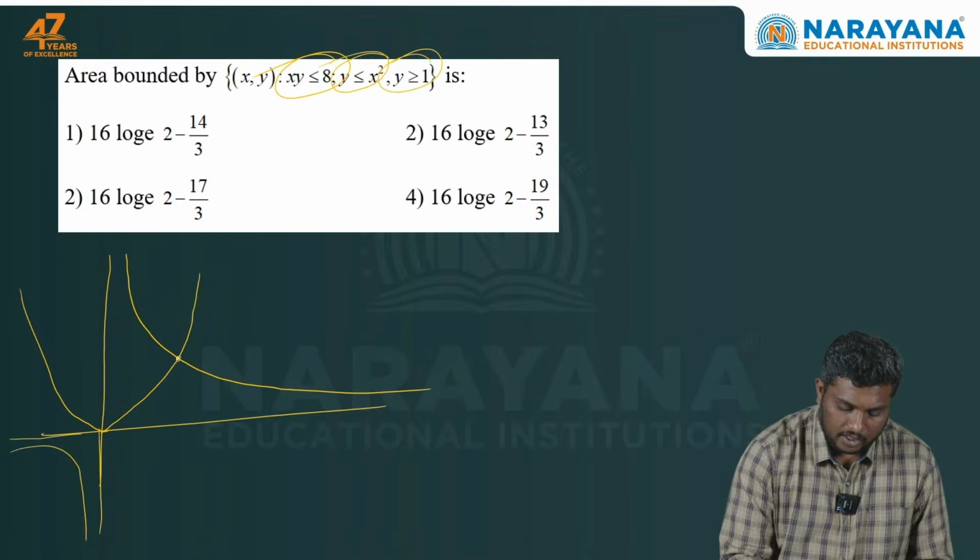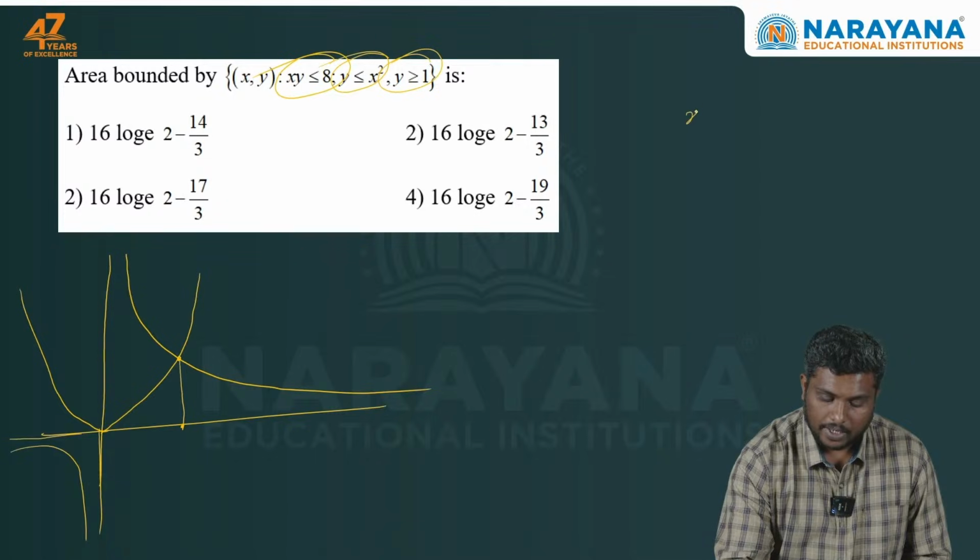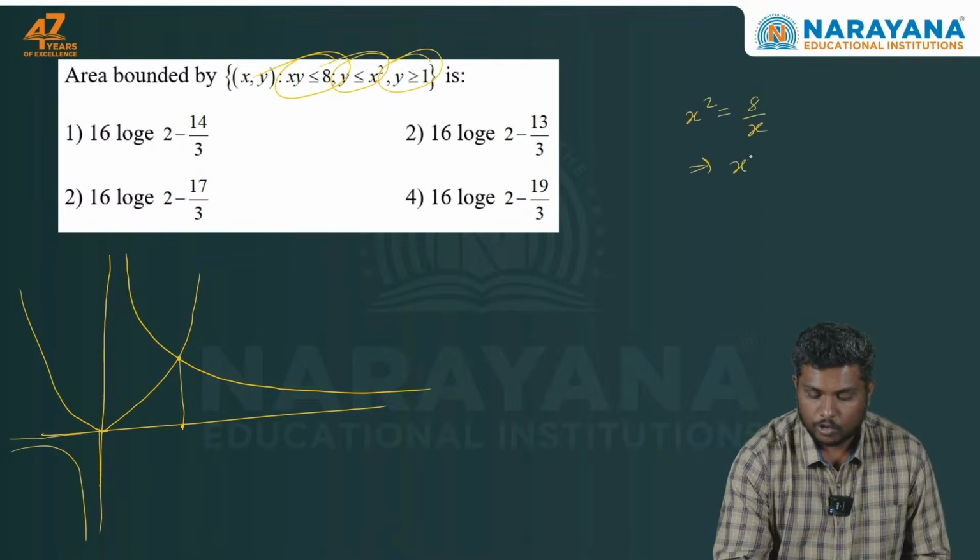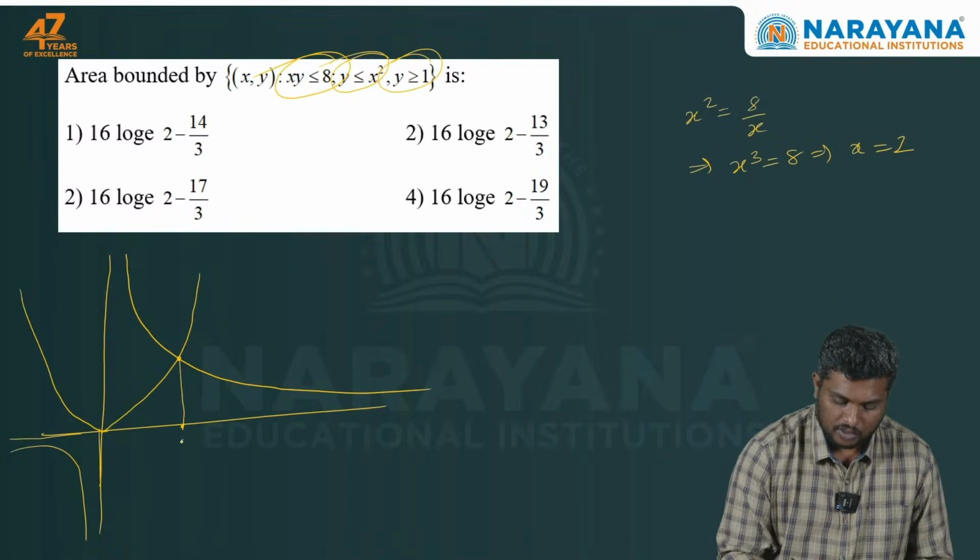So first guys, let us find what is this point. This point is the intersection of x square and 8 by x. So x cube is equal to 8, which implies x is equal to 2. So this value is 2.